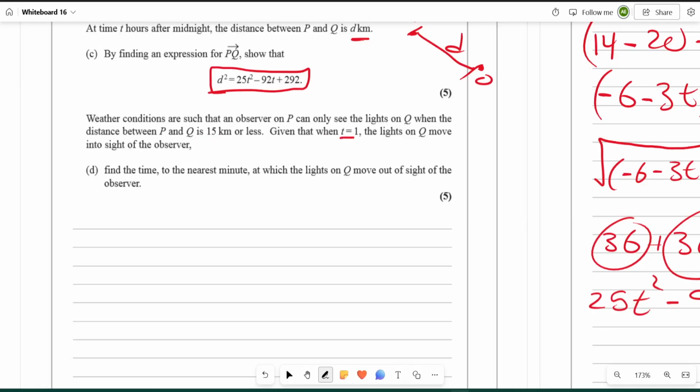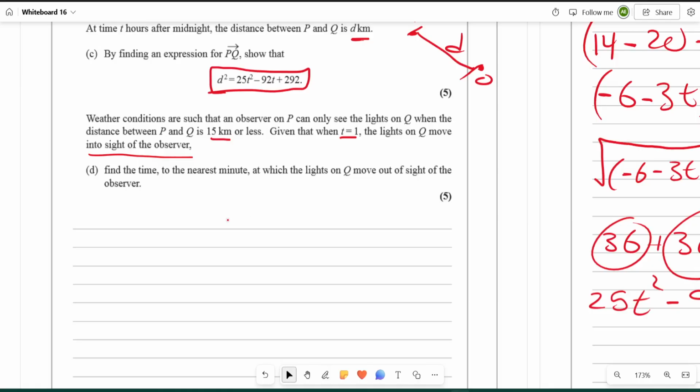Given that when time equals 1, the lights on Q move into sight of the observer, or in other words, the distance between P and Q is now 15 kilometers, find the time to the nearest minute at which the lights on Q move out of sight of the observer.